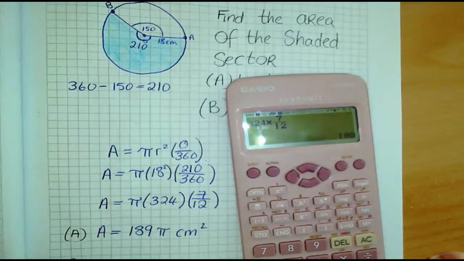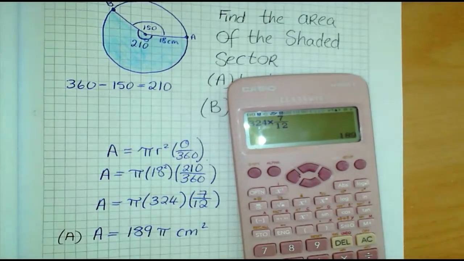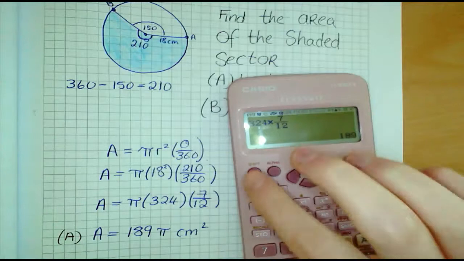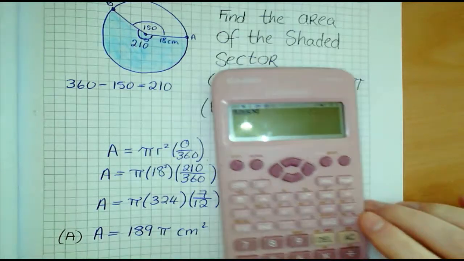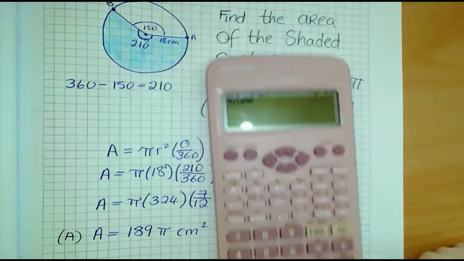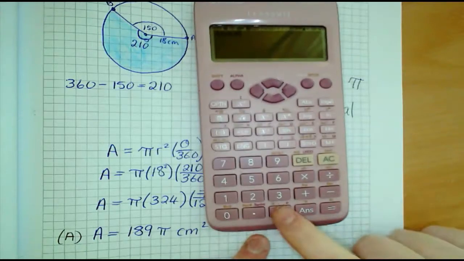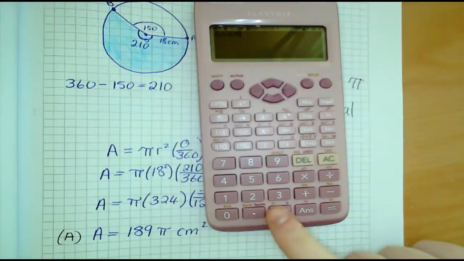So part B then asks for correct to 2 decimal places. So it's 189 multiplied by pi, and our pi button's down here, guys. Here's our pi button, so shift and this button here.